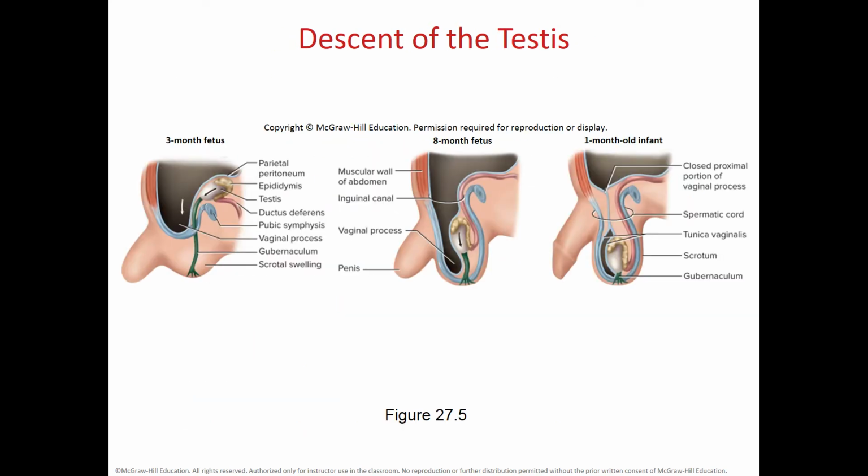So then this is pretty much a diagram to show you how the testis descends. Here in this green color you can see the gubernaculum, that it is attached to the inferior pole of the testis, and as time passes between month 3 in fetal life up to month 8 in fetal life, this gubernaculum shortens, and as it's shortening, it's pulling the testis through the inguinal canal, and then it brings it into the scrotum.